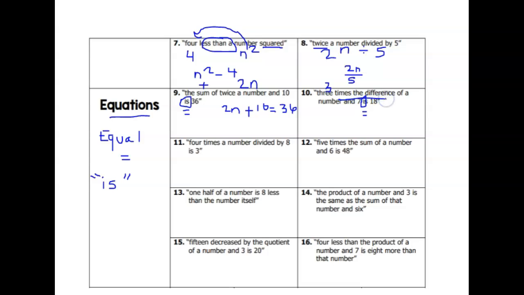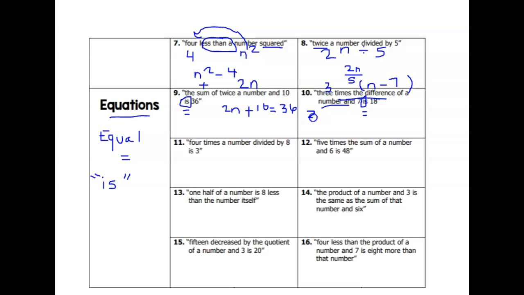If we go back to our sheet, times the difference is an indicator that we need to use parentheses. Remember that? So what I'm doing is taking the number n and 7, and I'm going to subtract them. The difference was subtraction. And I got to put that in parentheses. Then I'm going to take that value and multiply it by 3.